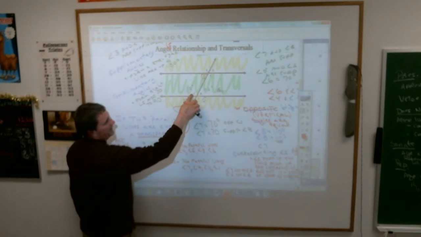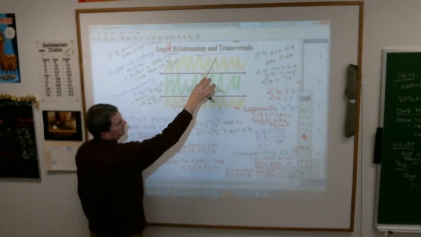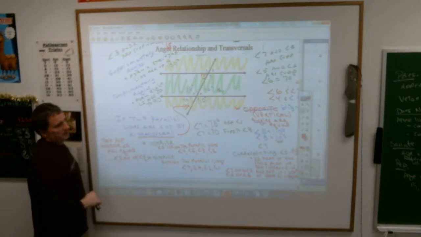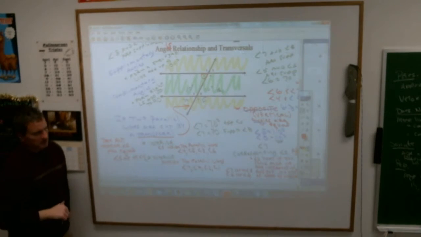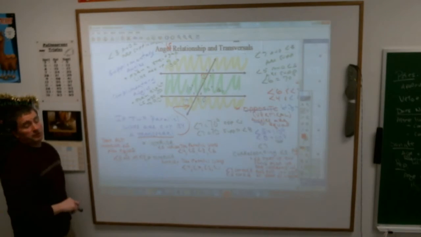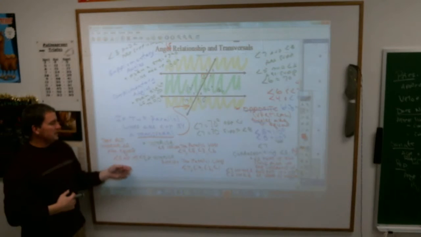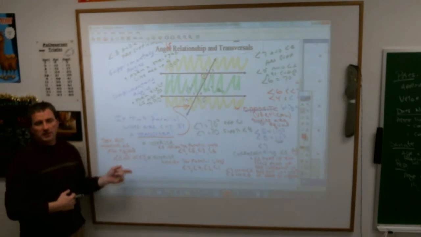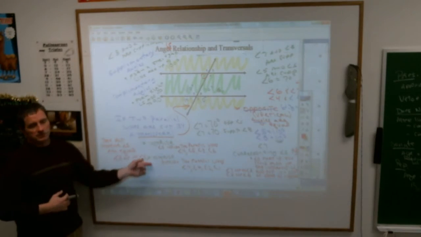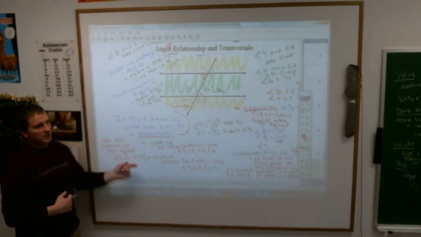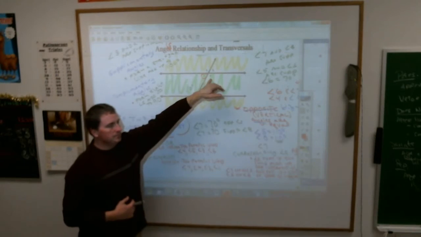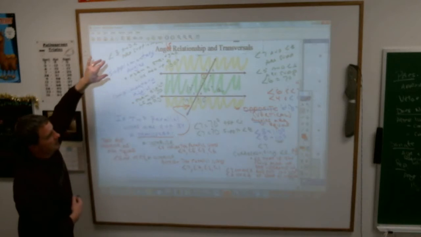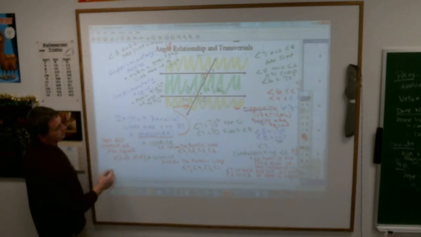So whatever angle 5 is, if angle 5 is 110 degrees, angle 4 has to be 110 degrees. What's the other set of alternate interior angles besides angle 5 and angle 4? The other two alternate, 6 and 3.